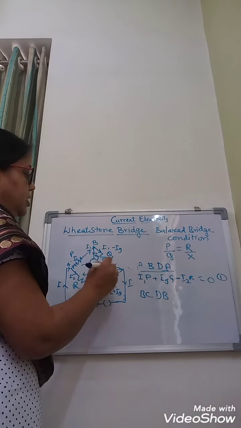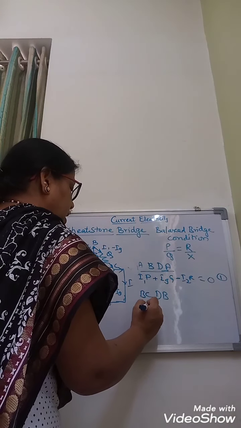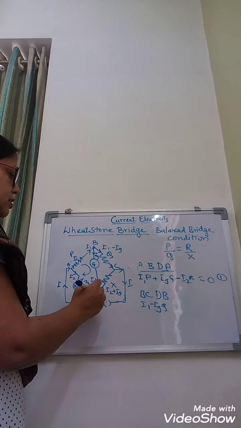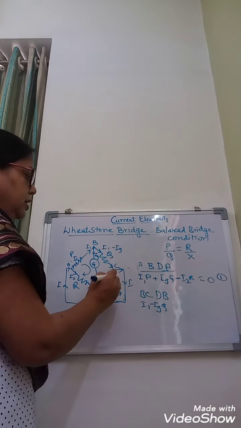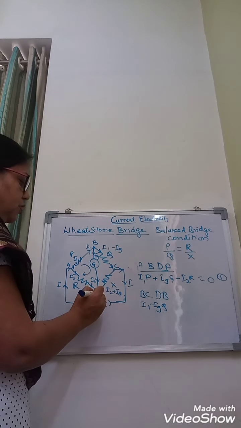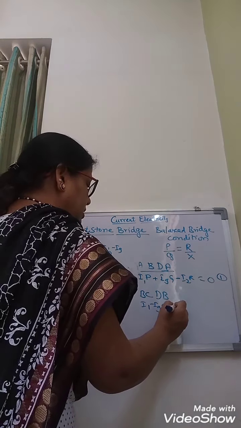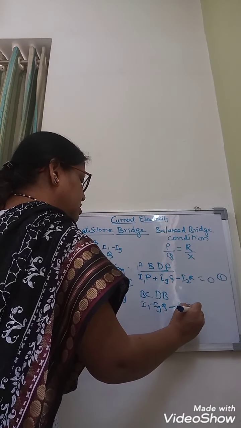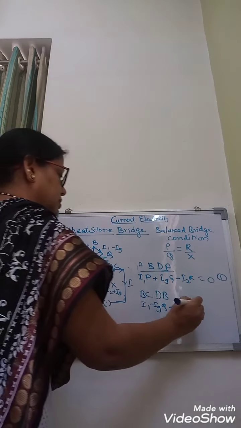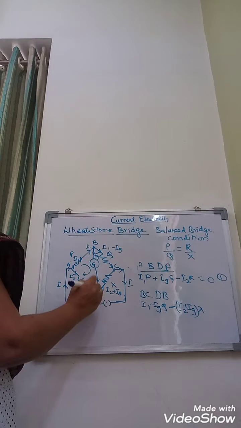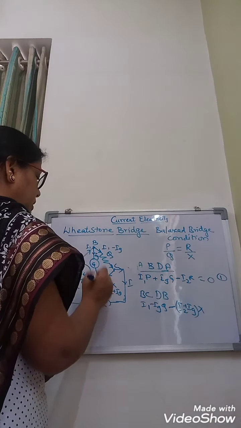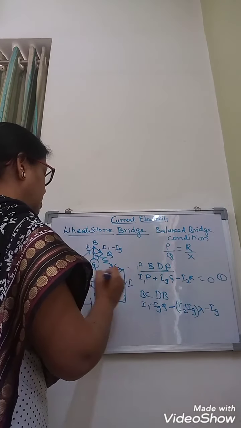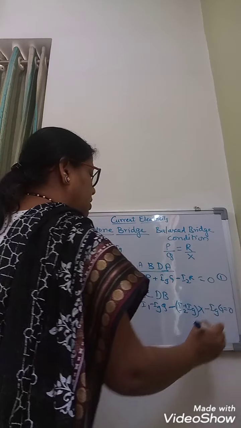We are going in the same direction as current, so it becomes I1 minus Ig into Q. Then I am going from C to D, but the current is going from D to C. So I have to take it as minus I2 plus Ig into X. And I am going here B, C, D, B, but the current is opposite. So I take it as minus Ig into G is equal to 0.